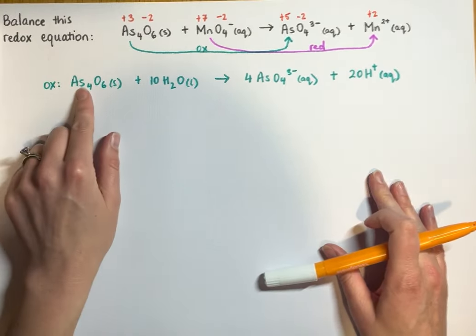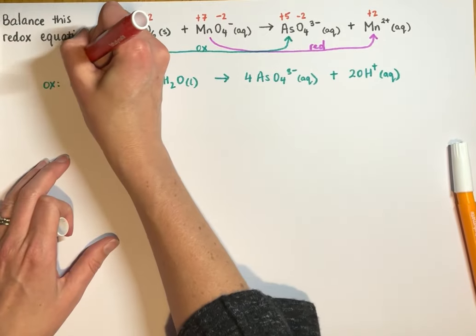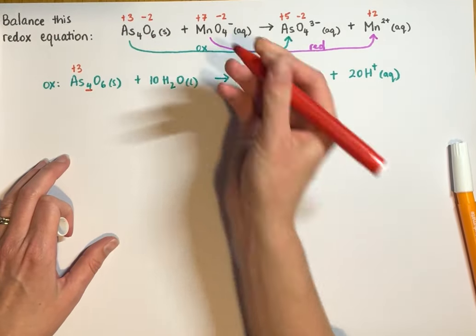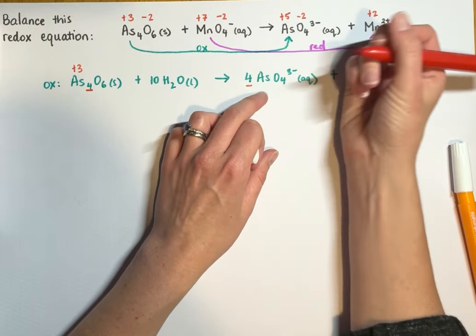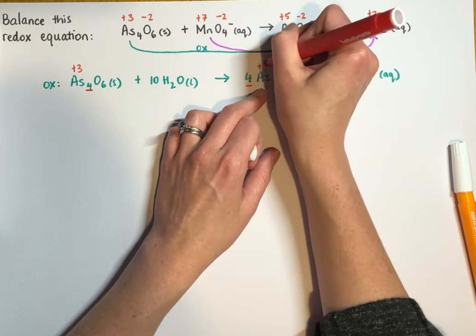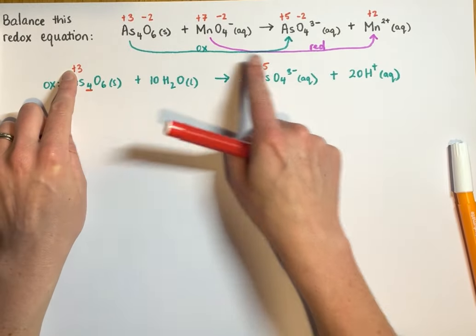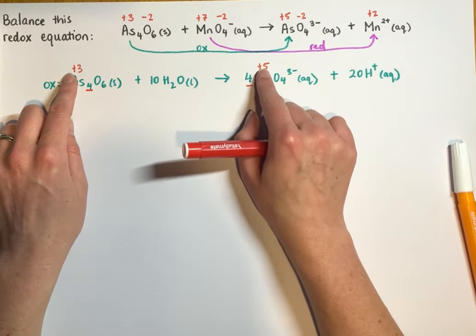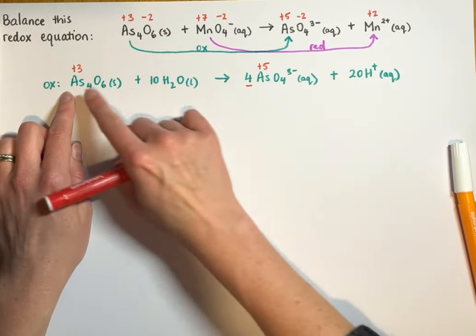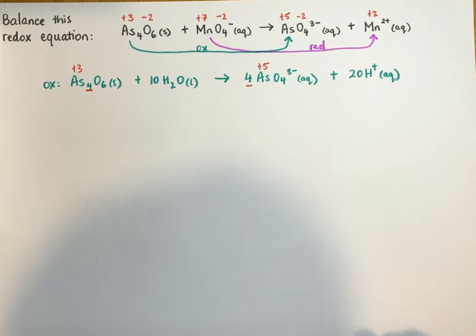So what have we got here? We've gone from +3, this is our key thing over here, and 4 of them, to here, 4 of those, and +5. So to get from +3 to +5, the arsenic must have lost 2 electrons, and then we have 4 of them. So 2 lots of 4.